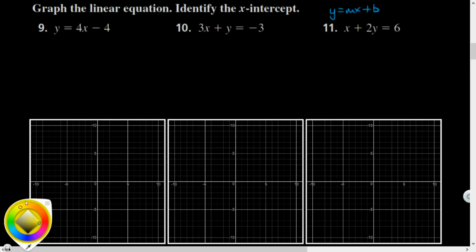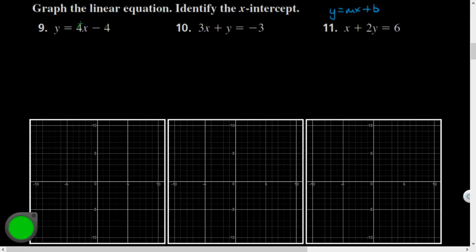All right. Well, let's see. So what are you thinking the slope is for problem 9?